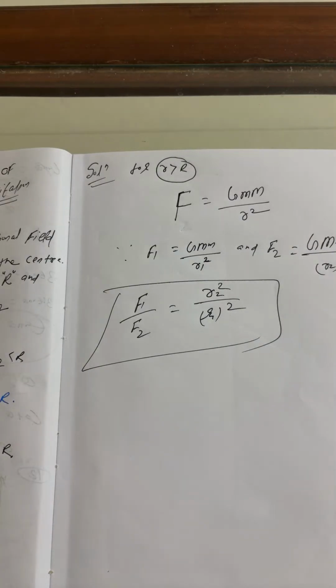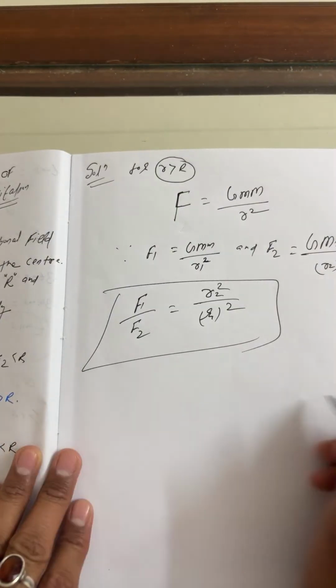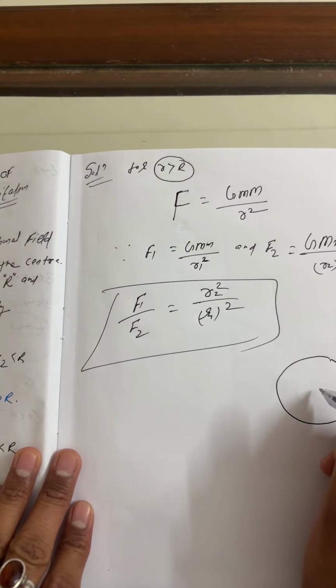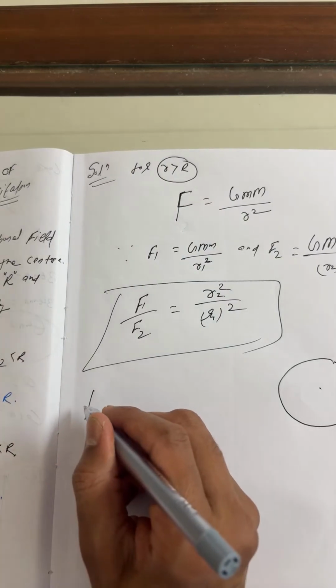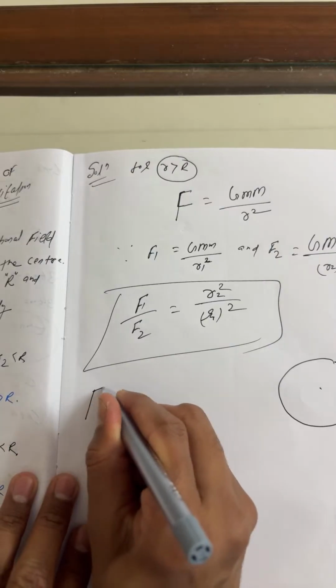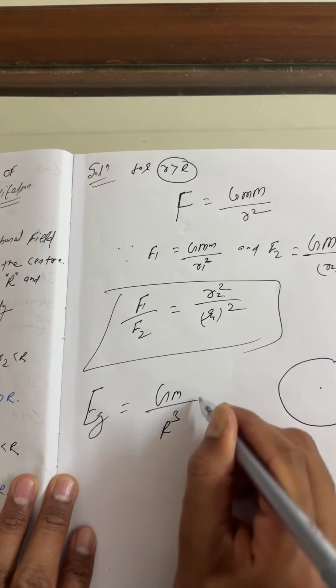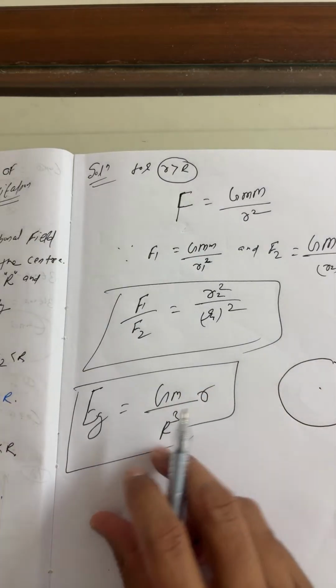Now we'll talk about the gravitational field. In the classroom today I gave the formula of gravitational field due to a solid sphere at an inside point: G M r upon capital R cube.